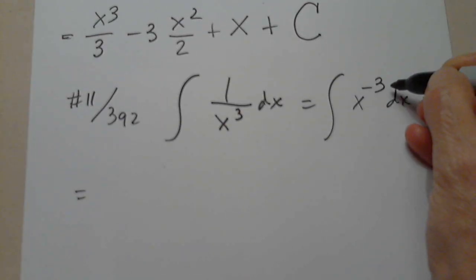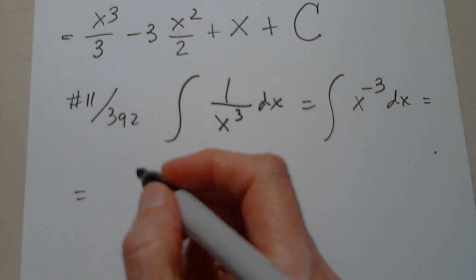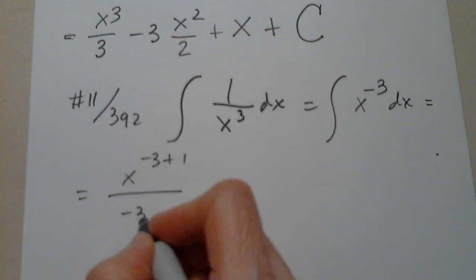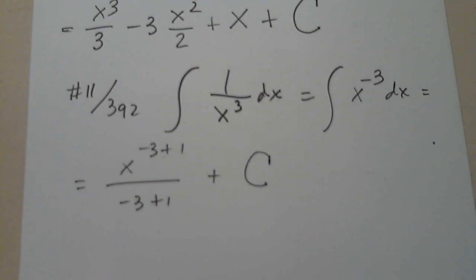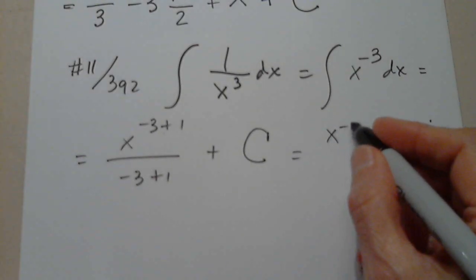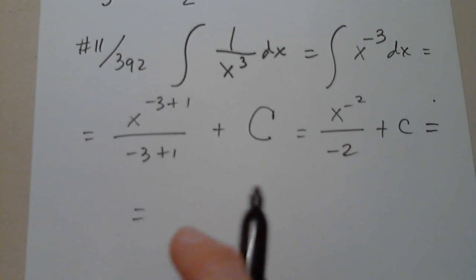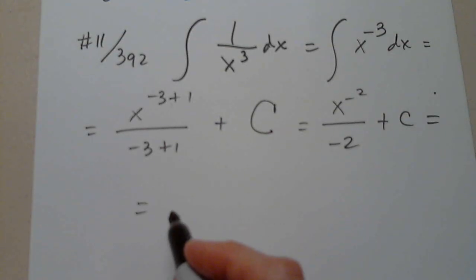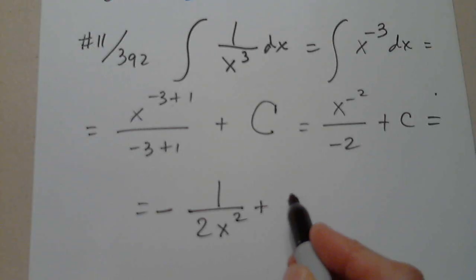I will increase the power by 1 and divide by the resulting number. x to negative 3 plus 1 over negative 3 plus 1 plus a constant c. Of course, I will not leave it like this. I will calculate x to negative 2 over negative 2 plus a constant c. I will bring the negative power back to the denominator and put a negative in front: negative 1 over 2x squared plus a constant c.